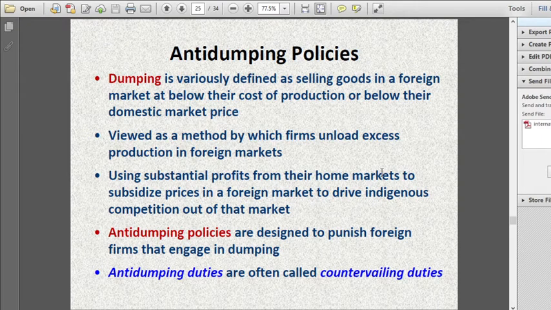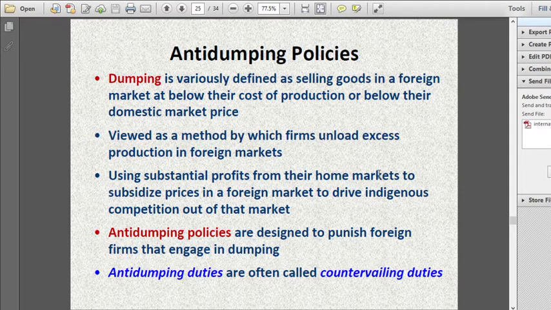Sabi nga, it is viewed as a method by which a firm unloads excess production in a foreign market, and with substantial profit from their home market, subsidizes prices in the foreign market to drive indigenous competition out of the market. Diba? So, yung mga domestic players, nawawala sila sa market kasi mas mataas yung price nila compared sa international market.